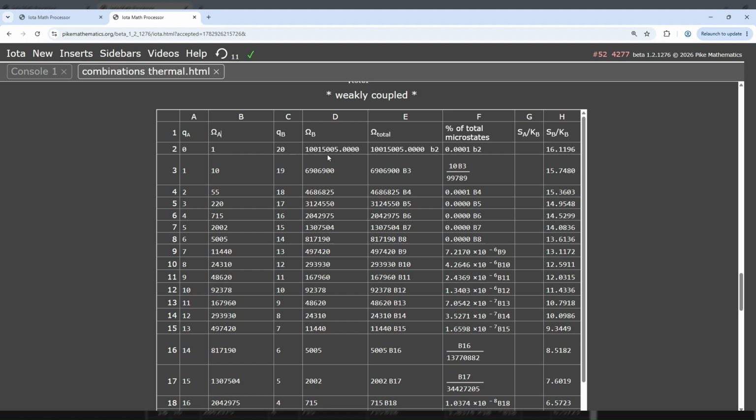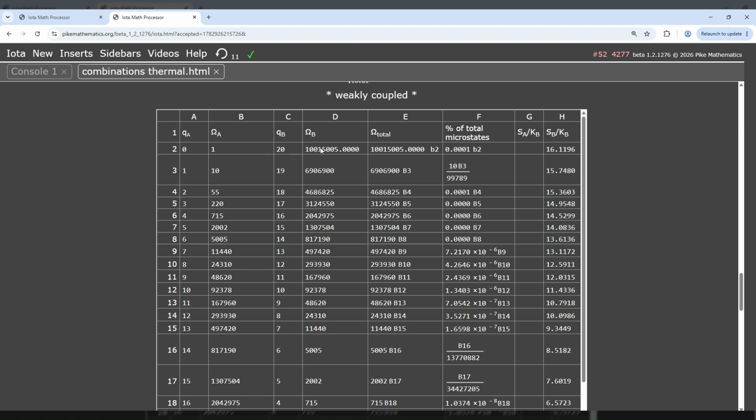So the next thing we need to do is find the total multiplicity for the system for these macro states. Here's a macro state where we have 0 energy in A and 20 energy units in B. What's the multiplicity for that state?